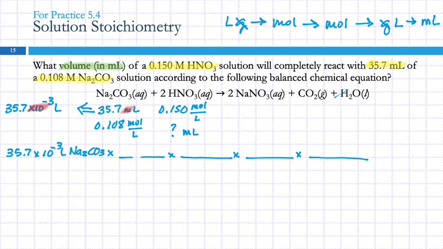Okay, so liters to moles to moles to liters to milliliters. Liters to moles. Oh, I'm trying to write with the eraser. Moles of, and here we do need to specify moles of what. It doesn't fit in there very well. But if we don't label the moles, we're going to get mixed up.